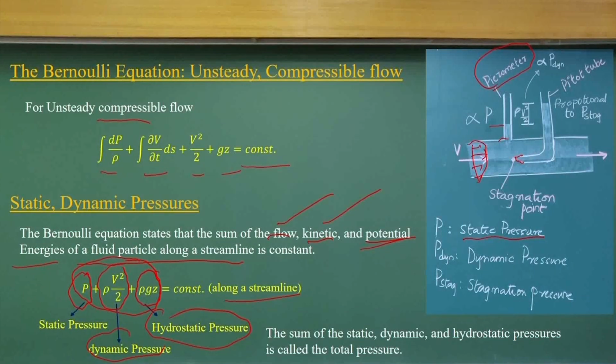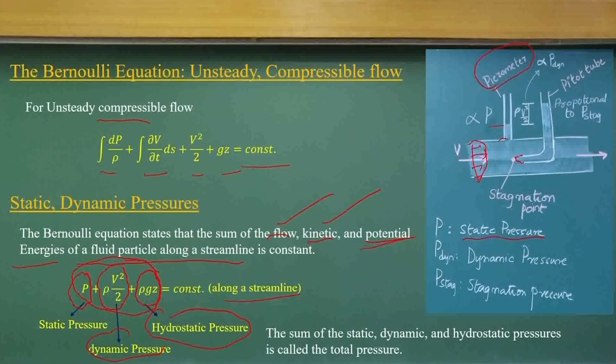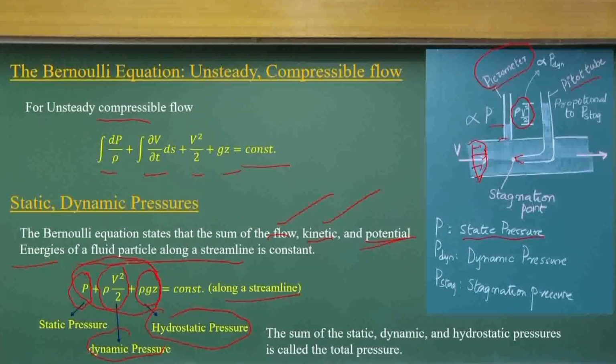Because of that, the two energy components, the flow energy and the kinetic energy, are converted to a head, an equivalent water or liquid head. The difference between these two gives us rho v square by 2, the kinetic energy head. The difference between this pitot tube and the piezometer gives us the difference of this energy, rho v square by 2.